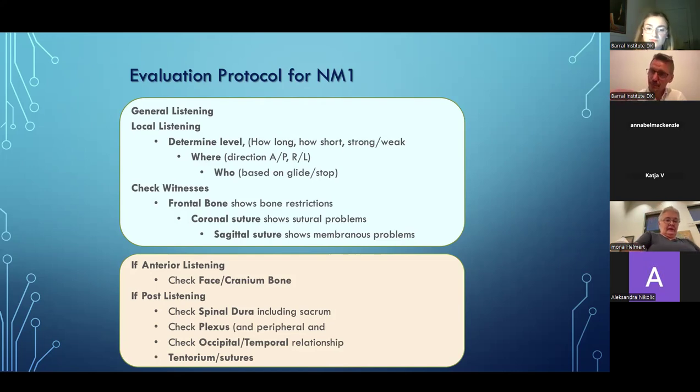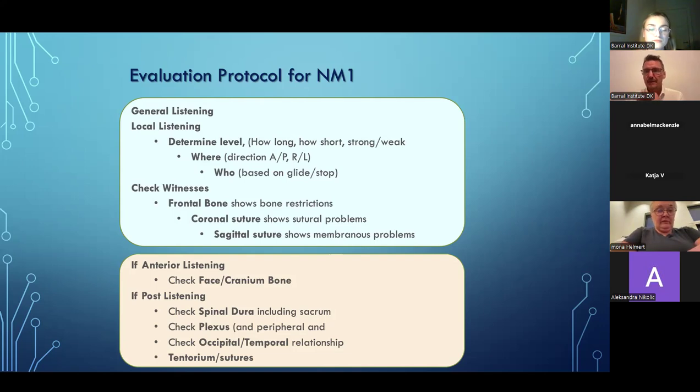It could be a posterior listening. And then we are looking more into the base of the cranium and the relationship down towards the spinal dura. So the occipital temporal relationship, potentially out to the side. Also, it could be with the tentorium.